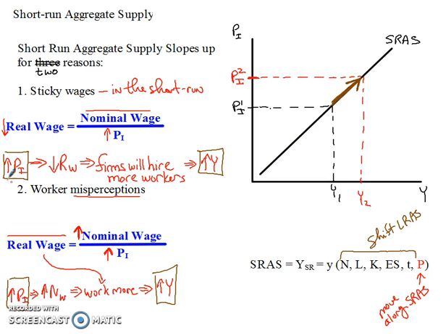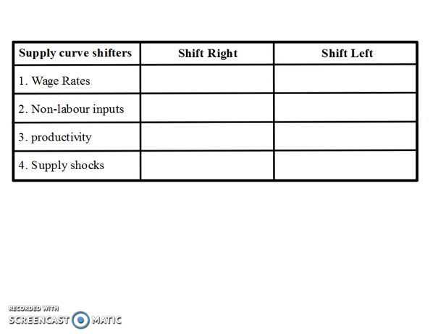Because the price change happened first. If you get a change in the price level, then that changes the real wage and moves you along the curve. Okay? Now, what's happening here with wage rates is that the price level didn't change. Wage rates changed for some reason other than a change in the price, and that's what causes a shift.